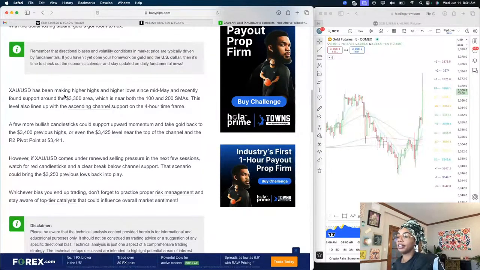XAU/USD has been making higher highs and higher lows since mid-May, and recently found support around the 3,300 area, which is near both the 100 and 200 SMAs. This level also lines up with the ascending channel support on the 4-hour time frame.